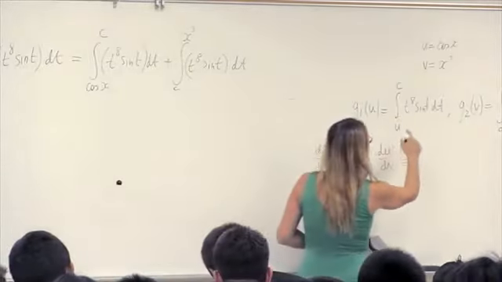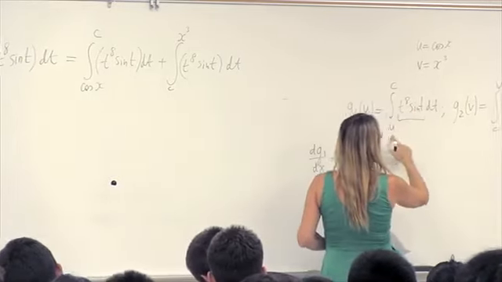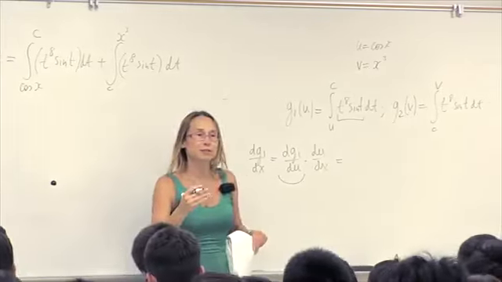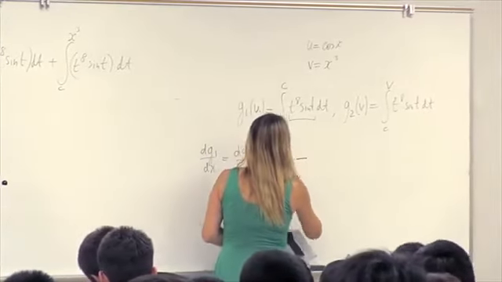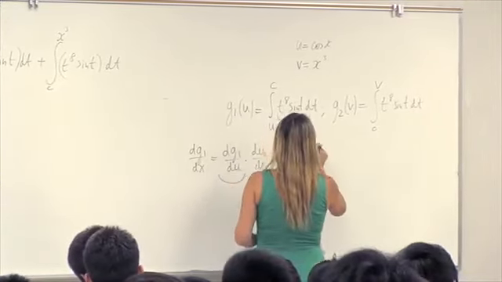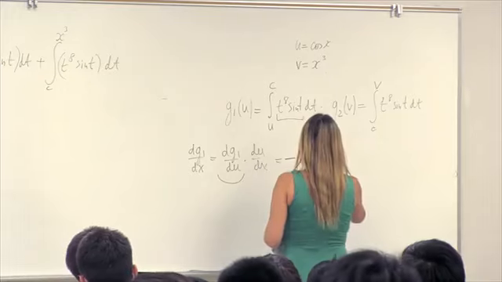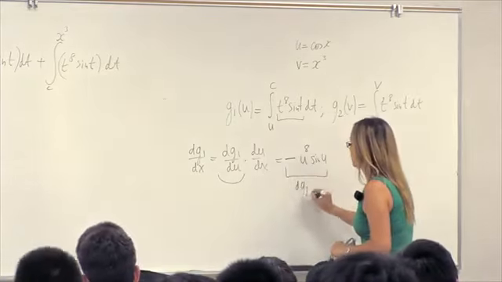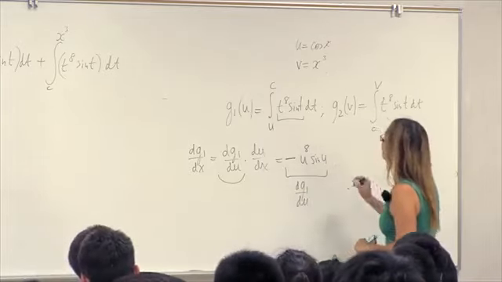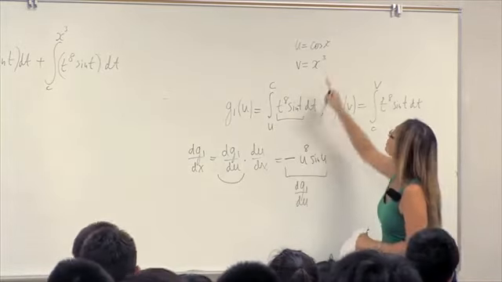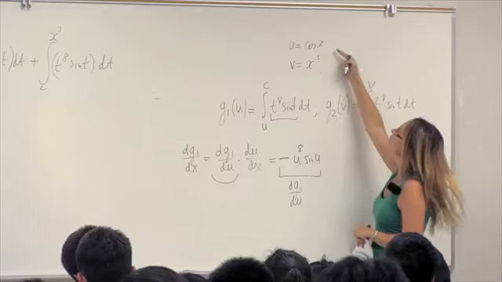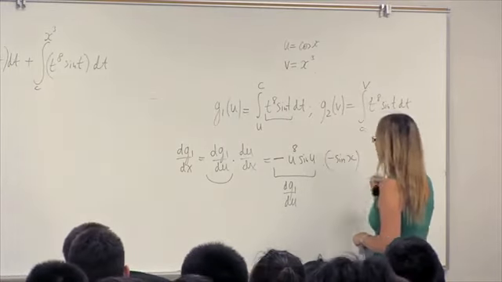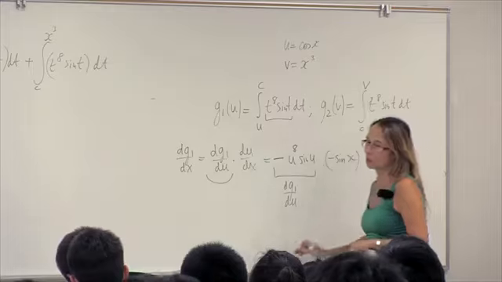Again, we take the integrand and evaluate it at u, remembering that we have to flip it first, so we get a minus sign. So a minus u to the 8 sine u. Okay, so this is dg1/du. And now du/dx. From the definition of u, I have minus sine x.